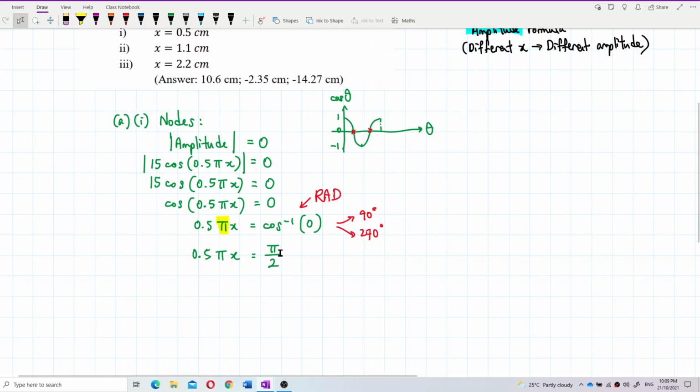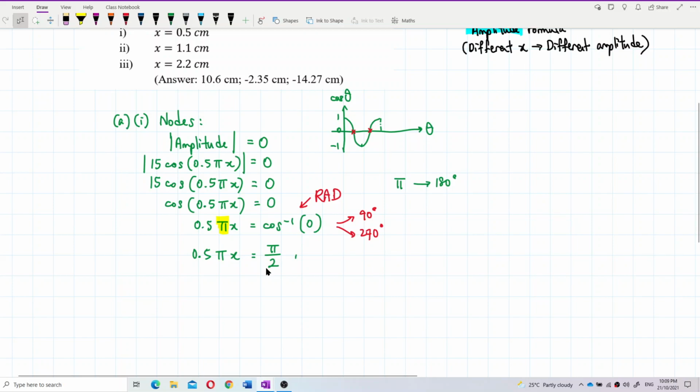Because pi is actually equivalent to 180 degree. So 90 degree is 180 divided by 2, or pi divided by 2.